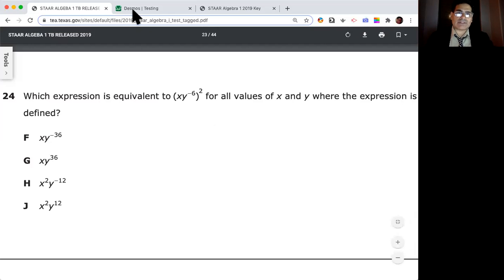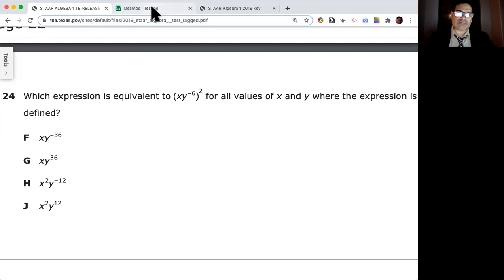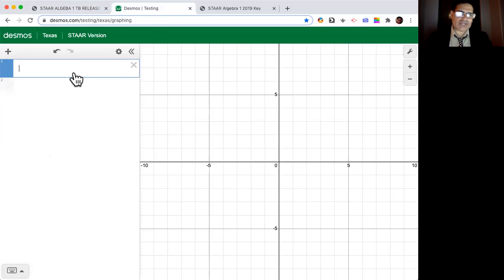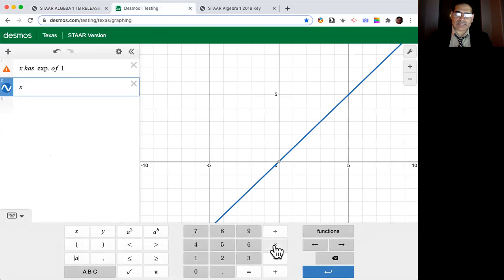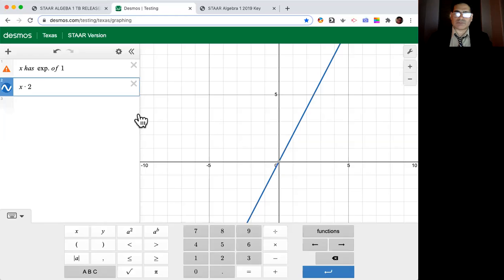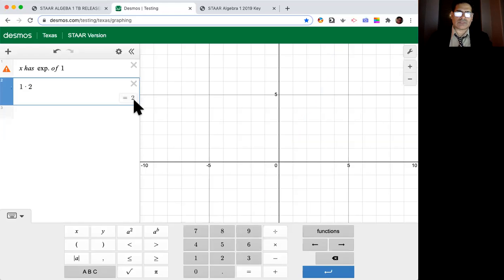Having done that, and just because I have Desmos, I'm going to use it. I know that my x has an exponent of 1, and 1 multiplied by 2 equals 2. Is that right? Yeah.